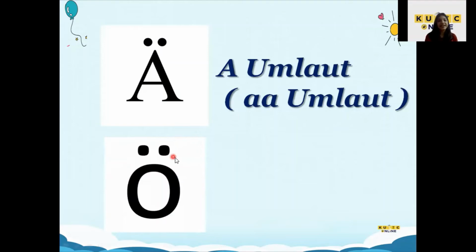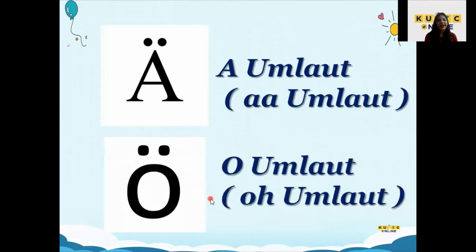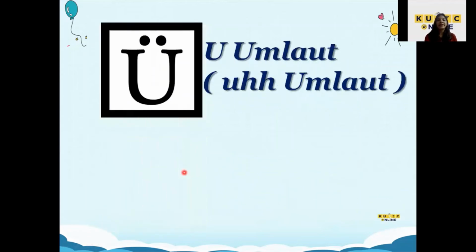The second letter is O umlaut. The pronunciation for O umlaut is E. Repeat after me. Noch einmal. Once again. A. E.